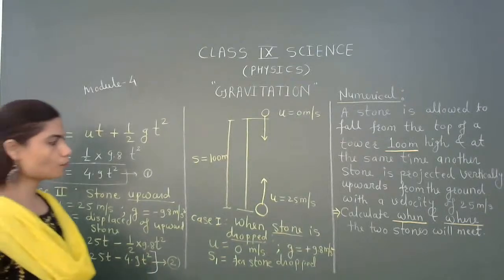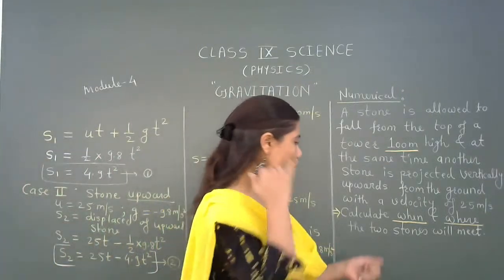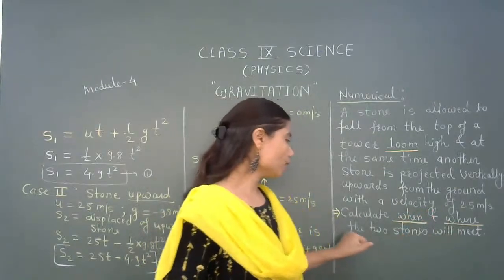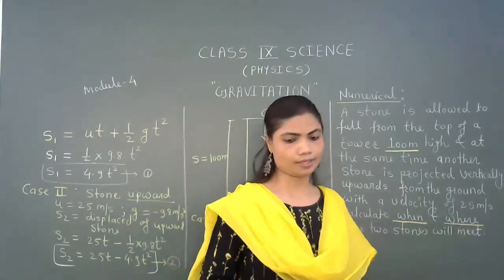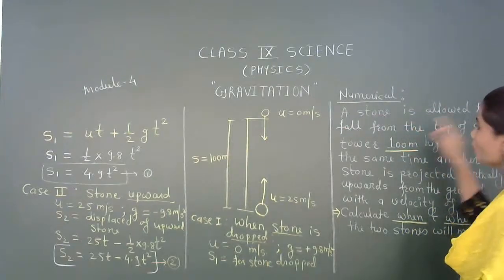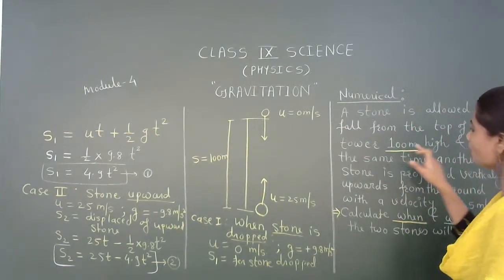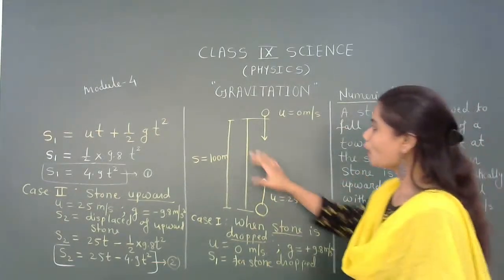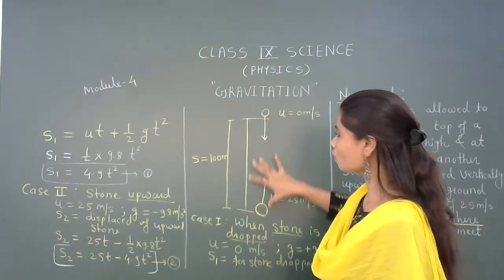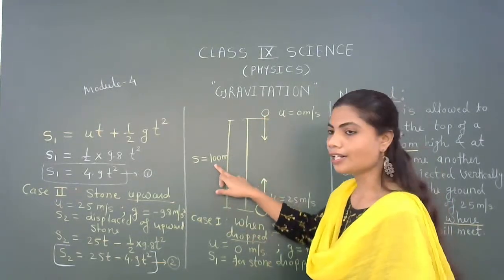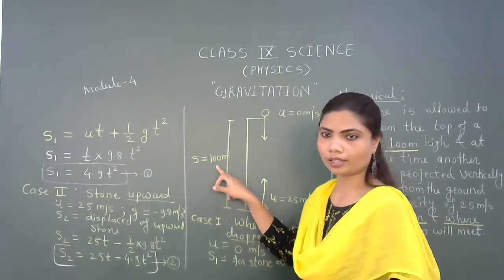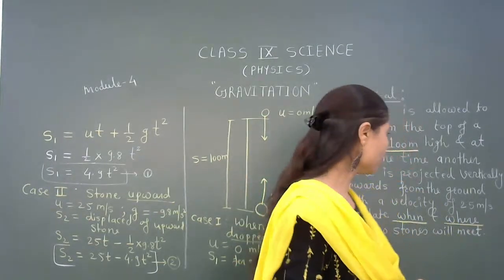Okay. So from equation 1 and 2, what we have to calculate? Calculate when and where the two stones will meet. A stone is allowed to fall from the top of a tower 100 meter high. Means the total distance, displacement sorry, between these two stones is 100 meter. So we can consider by ourselves.